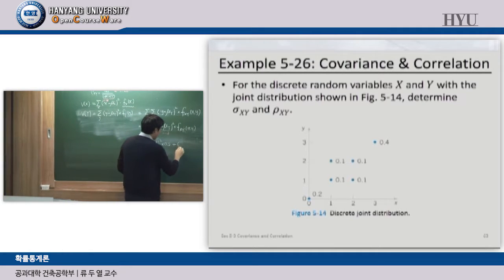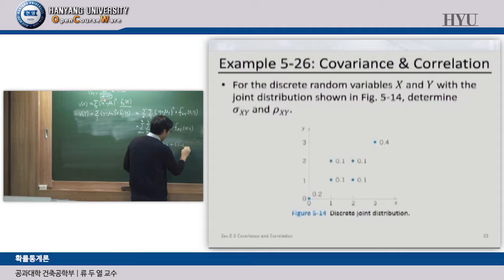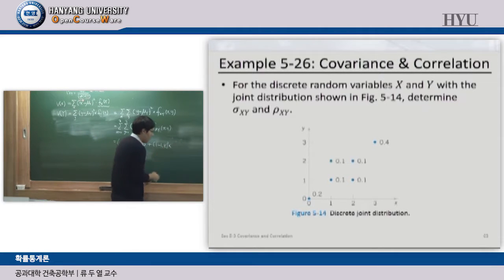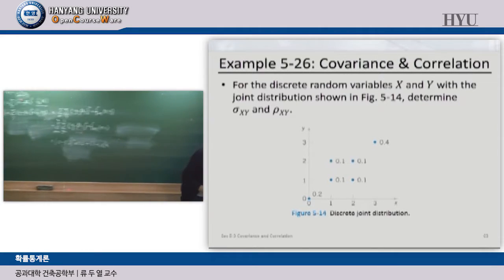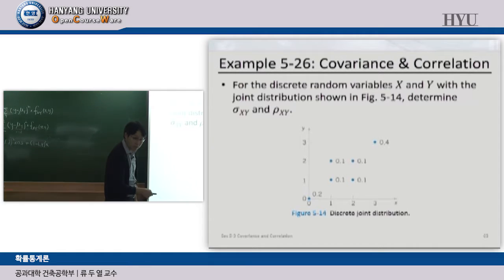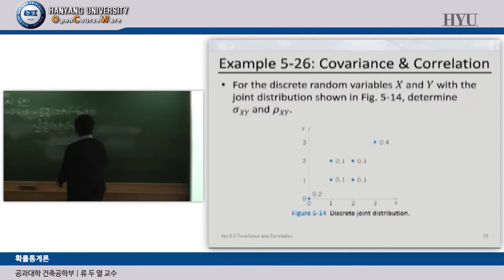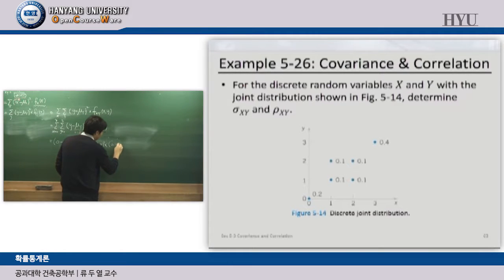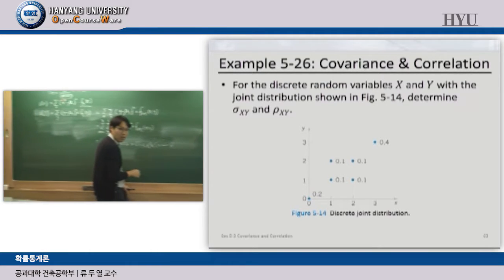And plus, when y is equal to 1, 1 minus 1.8 squared by, when y is equal to 1, we have two different joint probability mass functions, that is 0.1 and 0.1, according to the x, okay? When x is equal to 1, the joint probability mass function is equal to 0.1, and when x is equal to 2, it is also equal to 0.1. So this is also 0.1 plus 0.1. Okay?